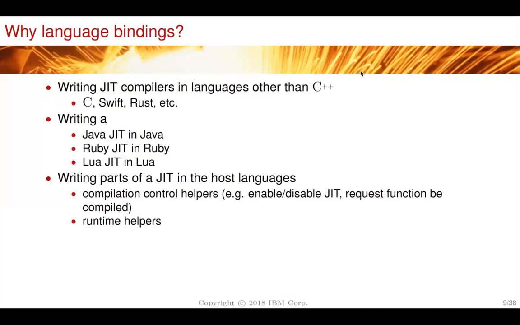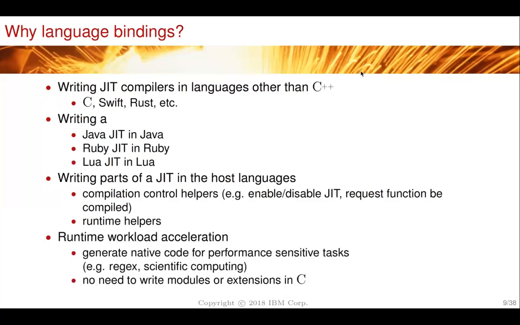And finally, taking this a step further, we can move away from thinking of JitBuilder as a framework for writing JIT compilers and more as a general purpose workload acceleration framework.